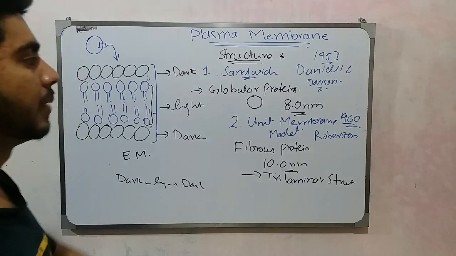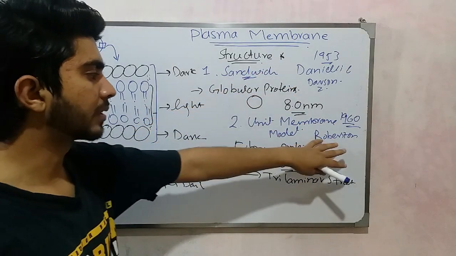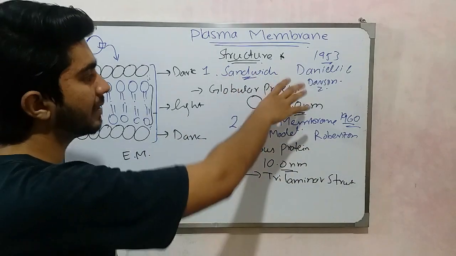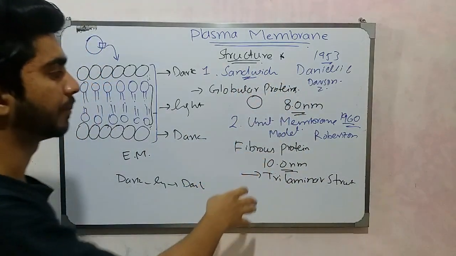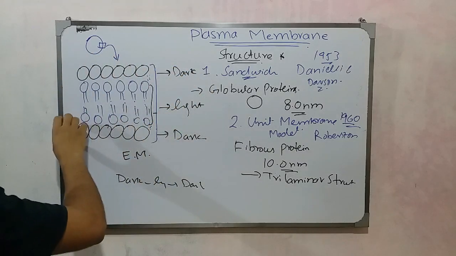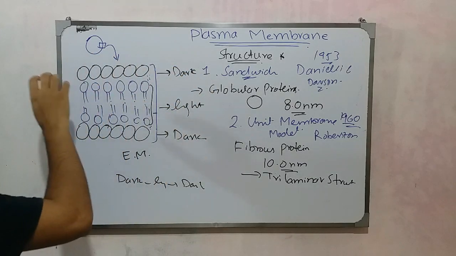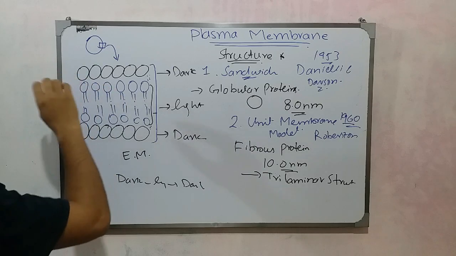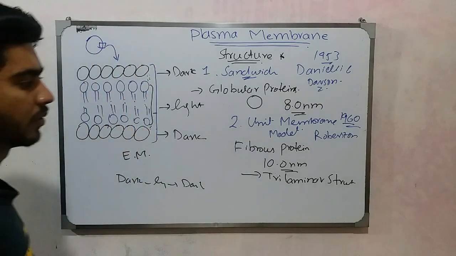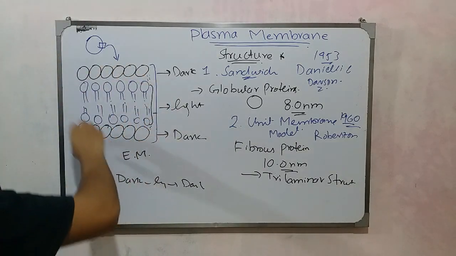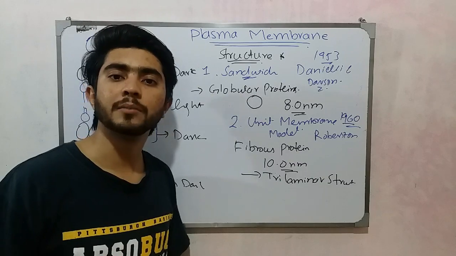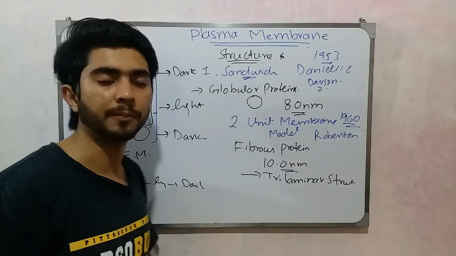There are many similarities. As you know, Robertson got all the information from Danielli and Davson, so there are many similarities between them. The proteins are present on the sides of the lipid bilayer, and the lipid bilayer is sandwiched between the proteins. The arrangement of the proteins and the lipid bilayer is similar in both models, but there are also differences.